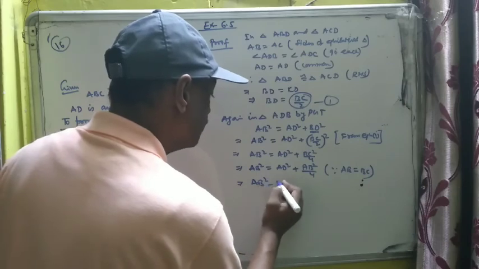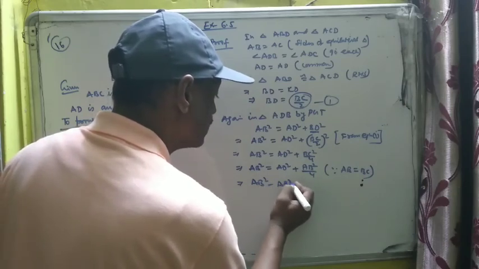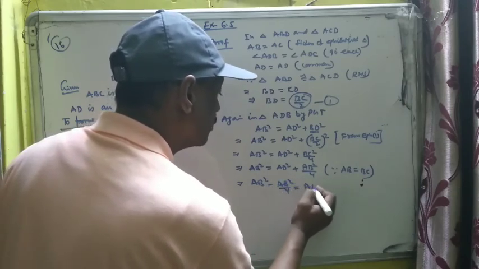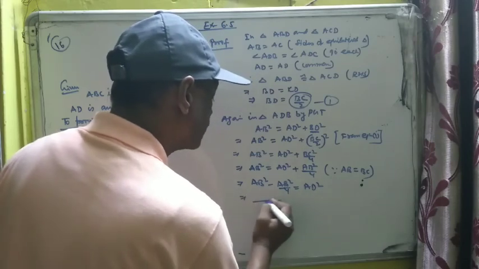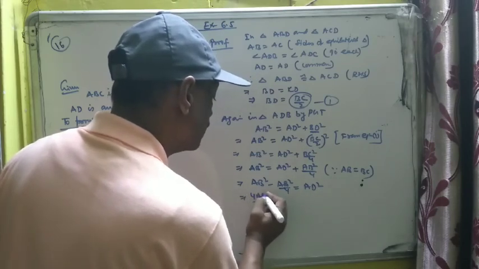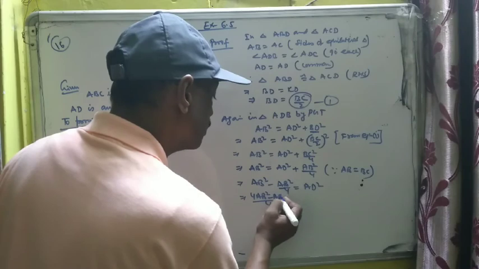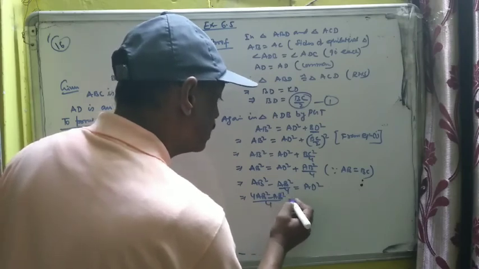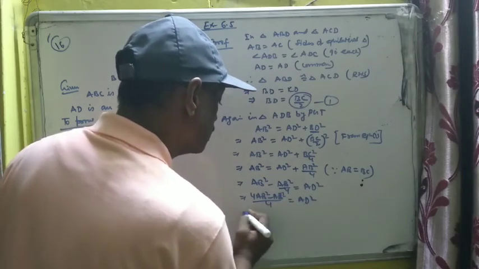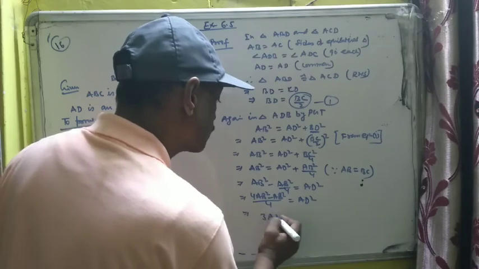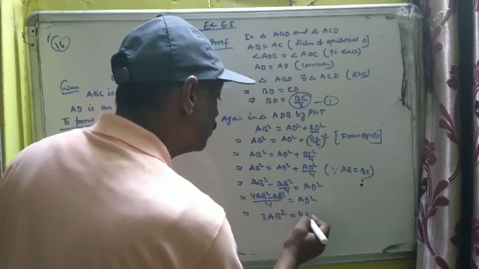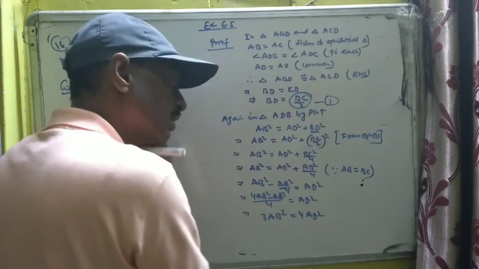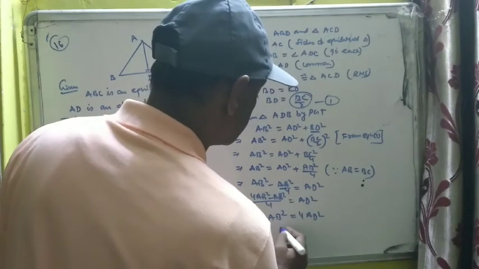It will give us AB square minus AB square by 4 equal to AD square. Take the LCM, 4AB square minus AB square by 4 equal AD square. And this is 3AB square equal 4AD square by getting the cross multiplication, and this is proved here.